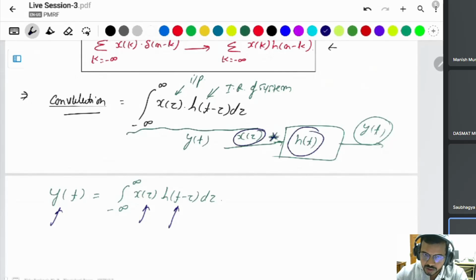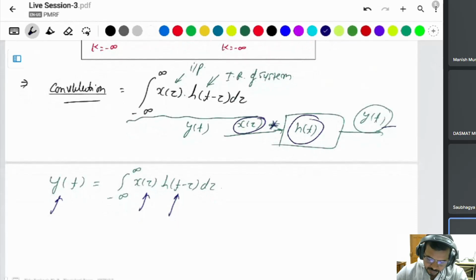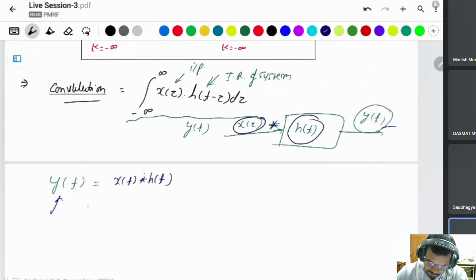If you convolve these two, then we will get the output y(t). Here you can see x(t) convolved with h(t). For finding this, you have to integrate from minus infinity to infinity x(tau) into h(t minus tau) d tau to find the convolution.